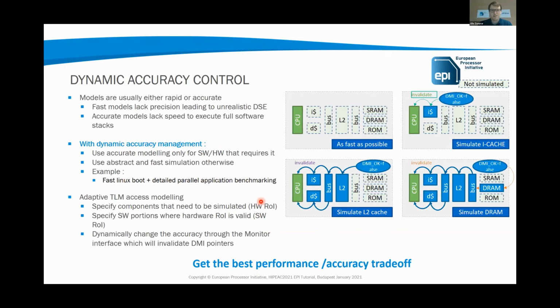This can be changed easily by the user to enable VPSim to be used in several usage modes in the EPI project: from lower-level characterization with more accurate timing and statistics accuracy for design space exploration, but also faster simulation for software development.